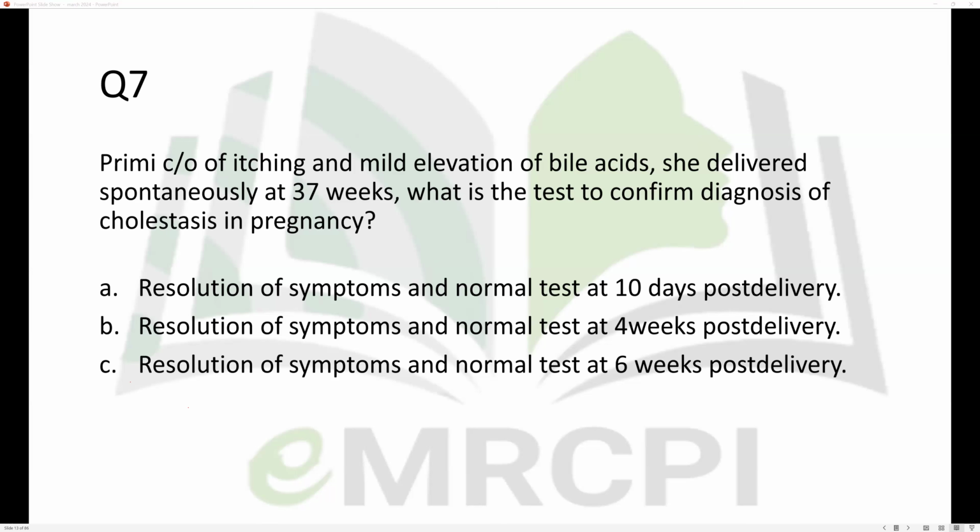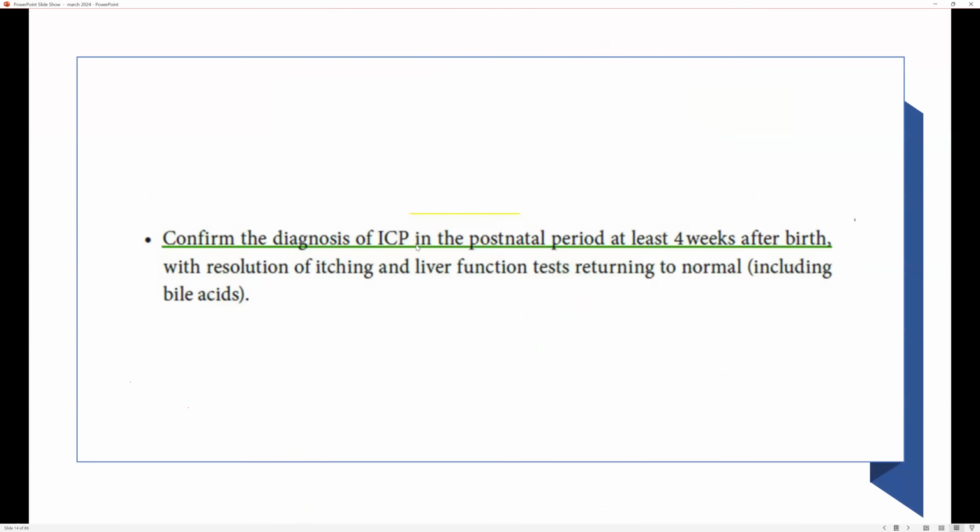Because we depend on the green top guideline on intrahepatic cholestasis in pregnancy. The confirmation of the diagnosis is in the postnatal period, at least 4 weeks after birth, with resolution of itching and liver function tests returning to normal, including the bile acids. This is just a screenshot from the guideline.